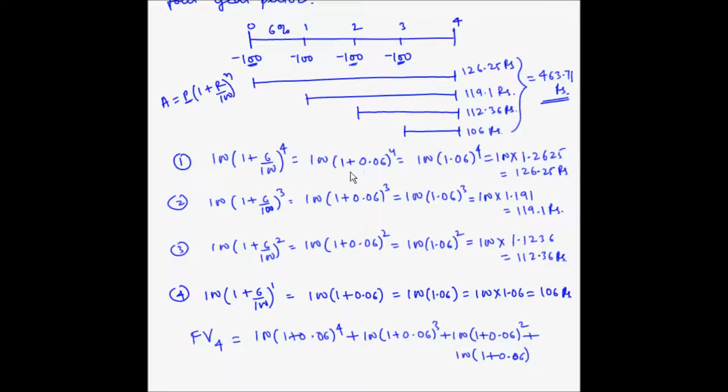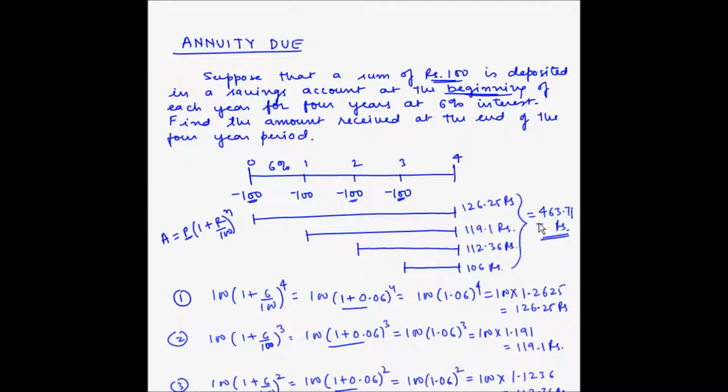So basically the addition of these four. So this is what gave us the future value at the end of 4 years, which we got here as 463.71 rupees.